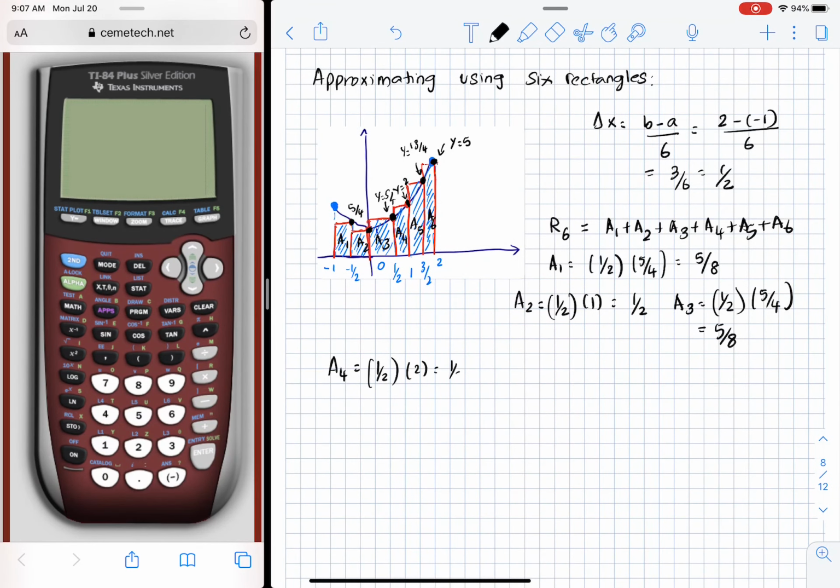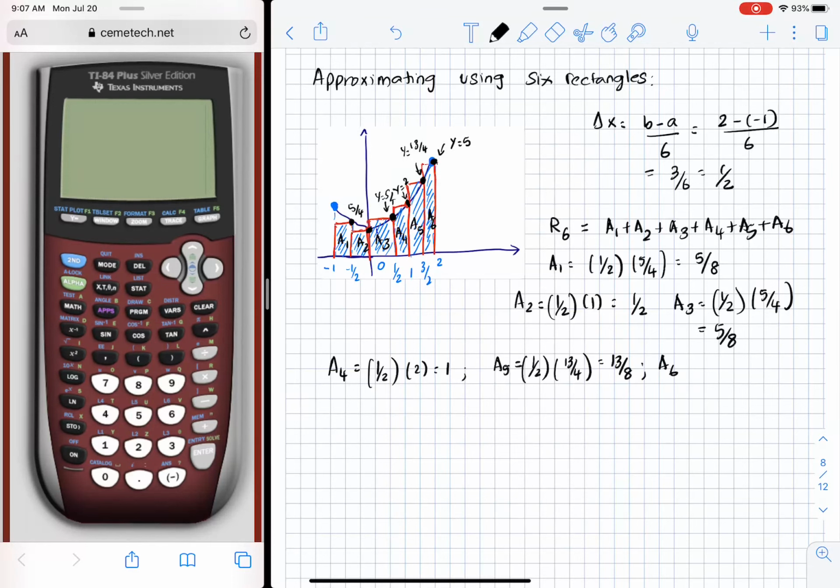We get 1, should be 1. A5 would be 1/2 times 13 over 4, which would give us 13 over 8.